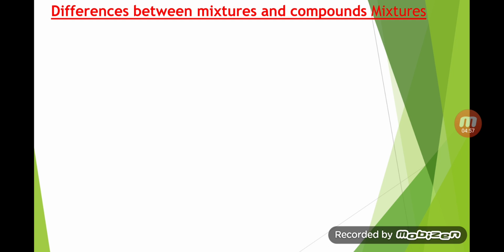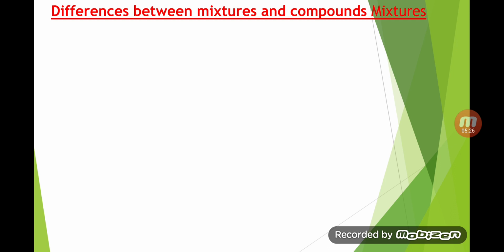So now it is very clear what is a compound and what is a mixture. In a compound, two or more elements combine chemically, but in a mixture two or more substances mix with each other. There is no chemical combination between them. That is called a mixture. And whenever two elements combine chemically, that is called a compound.